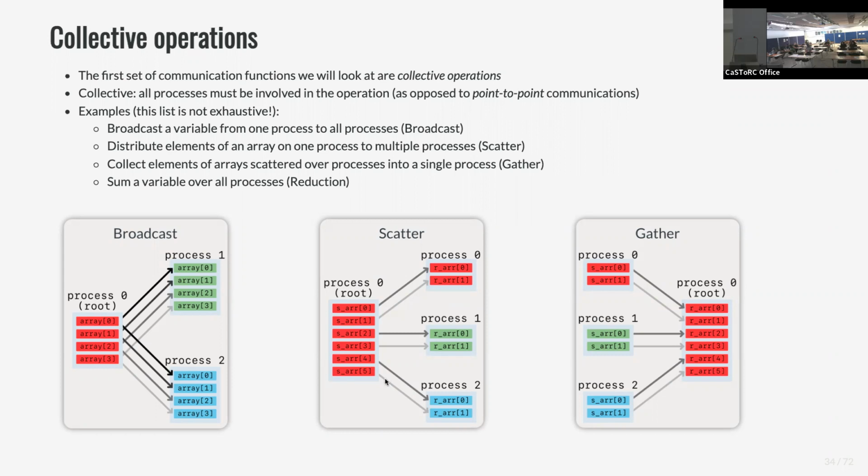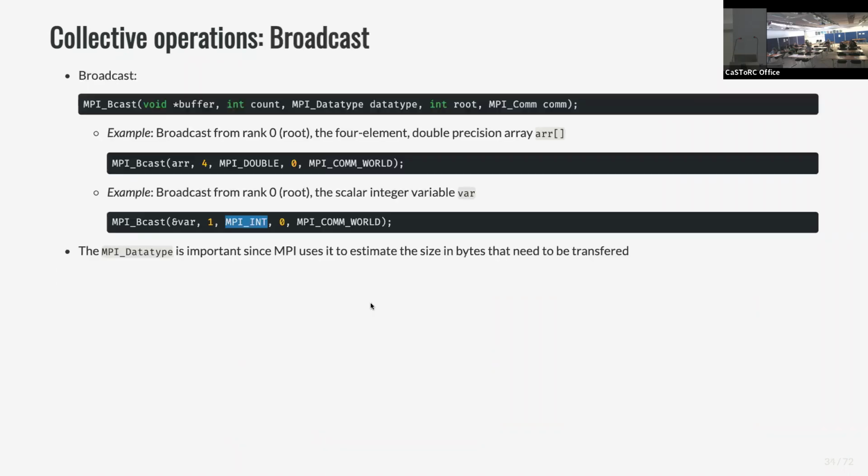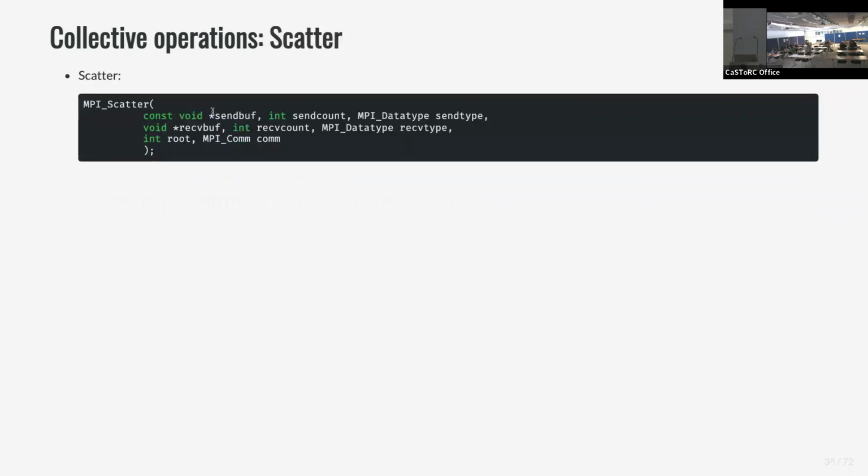And so there's two things that, just looking at what we want to do here, maybe it's obvious that what you need to specify is how many elements you want to send and how many elements you're going to receive on the other side in order for this scatter operation to work correctly, in addition to the names of the arrays that you're going to send. So send buffer is what the root process is going to send, and then send count is how many elements in total are going to be sent, right?